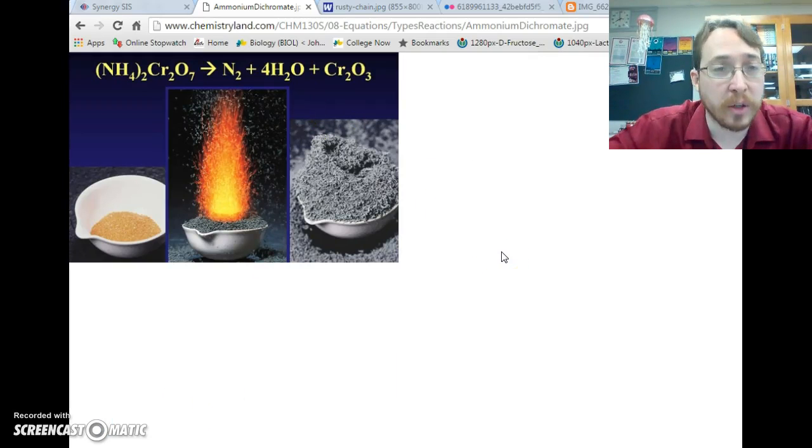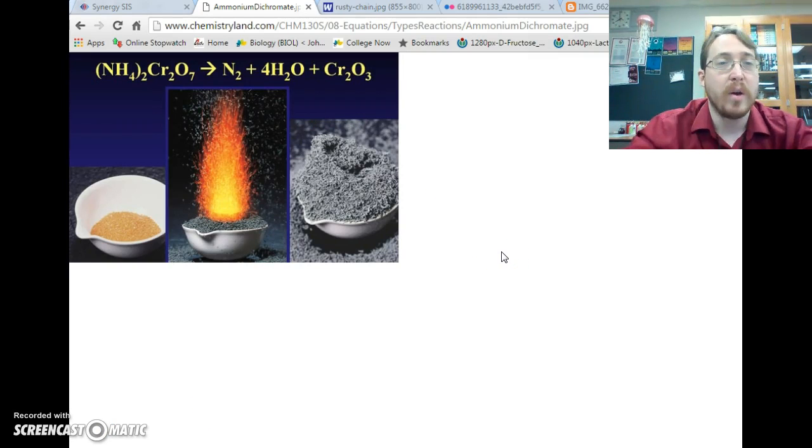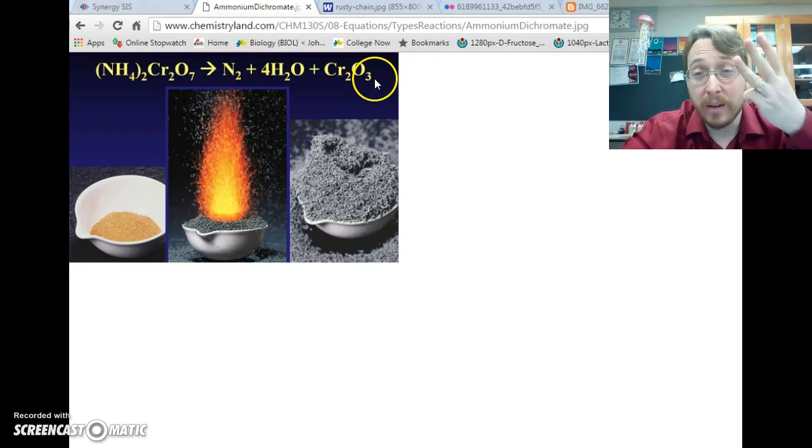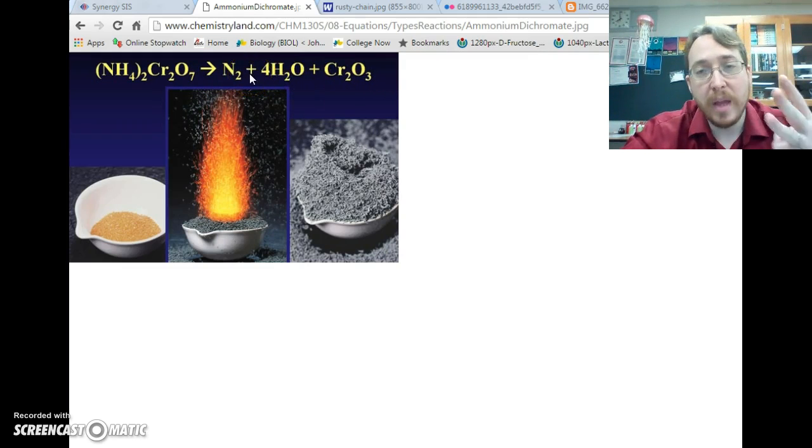This is an alternate decomposition reaction. We have ammonium dichromate, one thing. It's this crystally, light brown powder, and we add energy to that and get that reaction started, and it can break down into three smaller compounds or elements, and one is nitrogen gas.